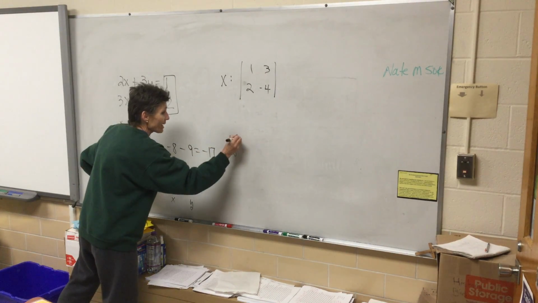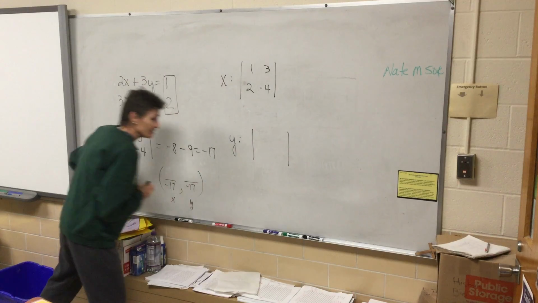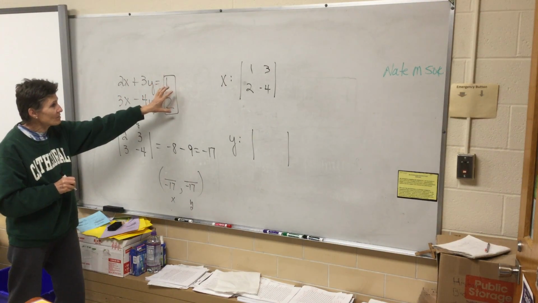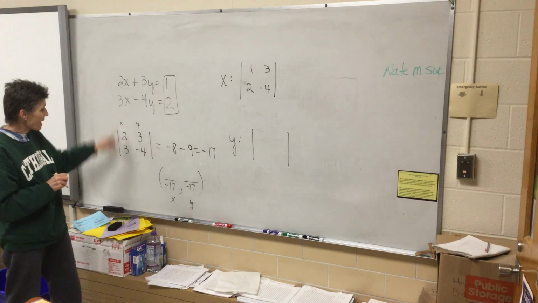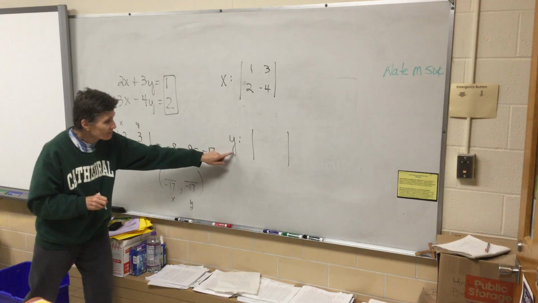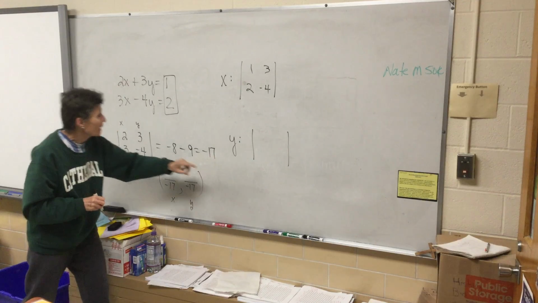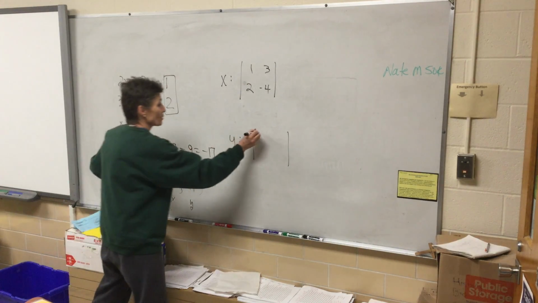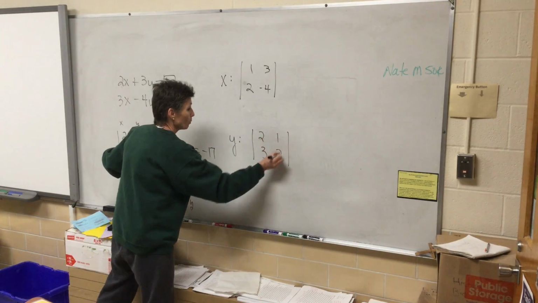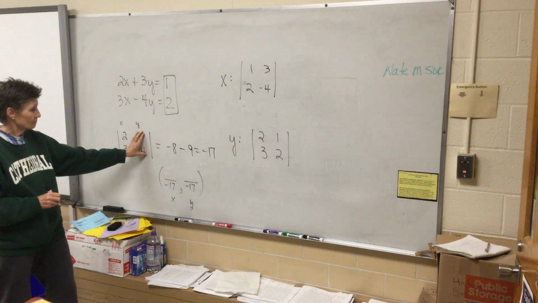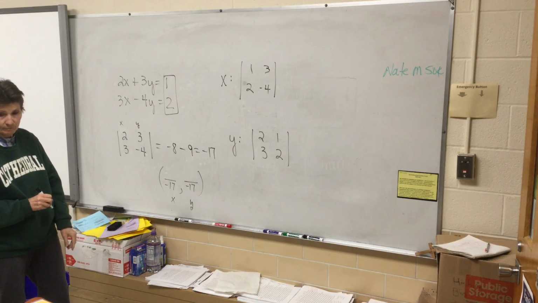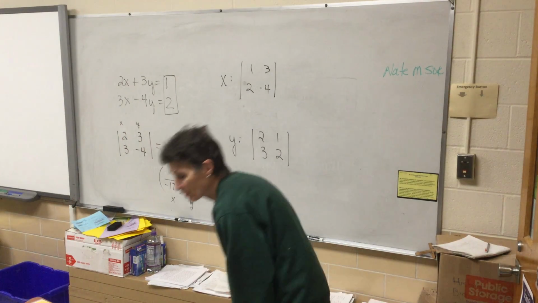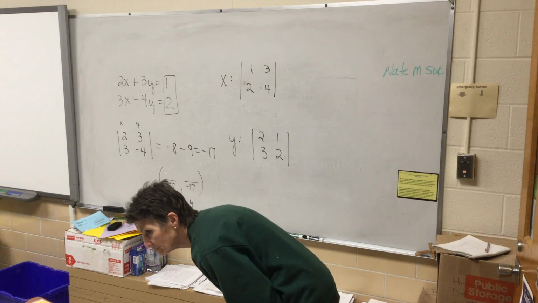To do y, I'm going to do exactly the same thing, only instead of pasting the 1 and the 2 in the x spot, since I'm solving for the y numerator, I'm going to take the 1 and the 2 and paste them in the y spot. So that'll look like 2, 3, 1, 2. All right, let's take a pause there and see who has a question.